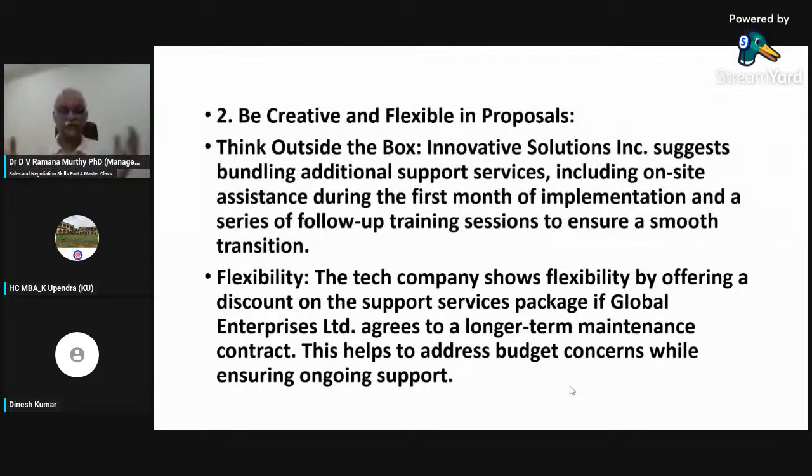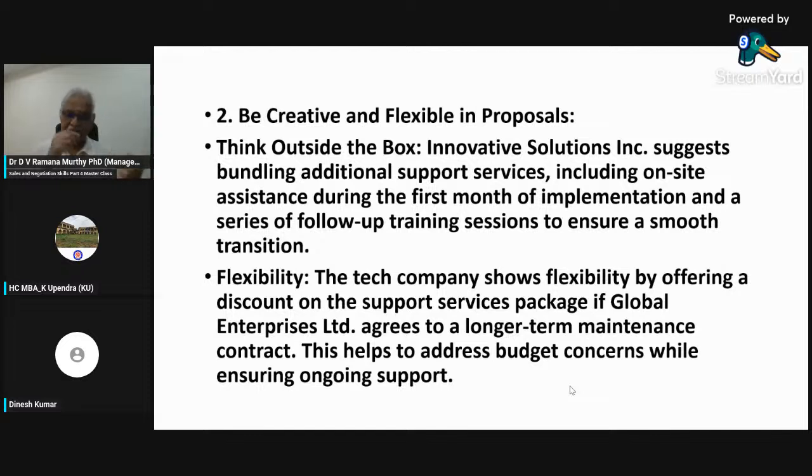That means it should help the client organization to think proactively. So it's up to you to think outside the box in explaining what the risk factors are and how they can be best managed with their help.